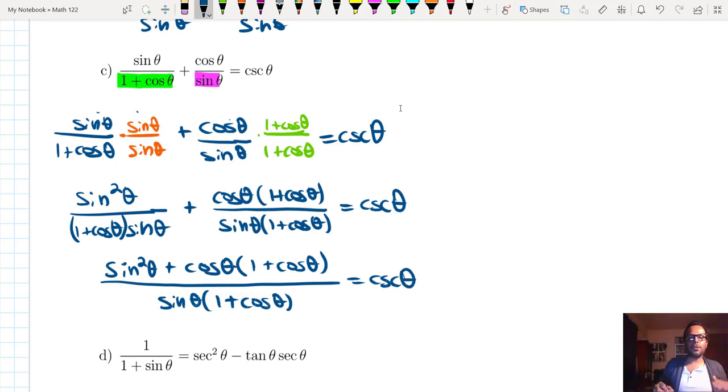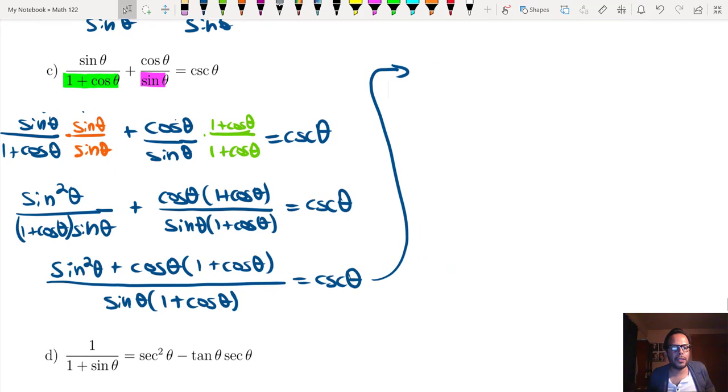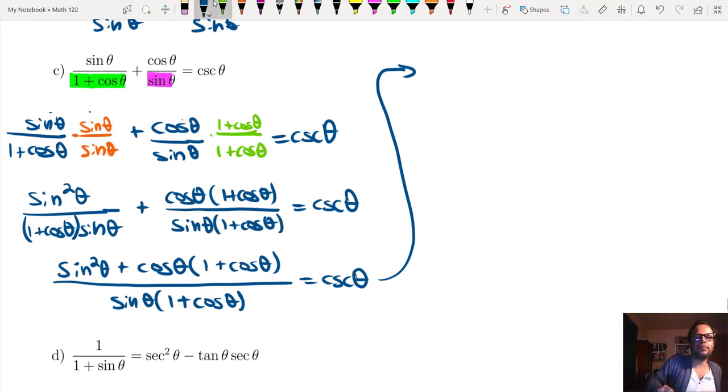Okay, now our goal is to focus on the numerator of the left-hand side. Let's do some simplifications. You will see how a lot of things are going to happen. It's going to look very interesting. So let me move on to that side of the page right here. Okay, what are we going to do?